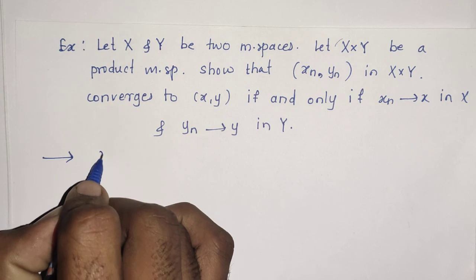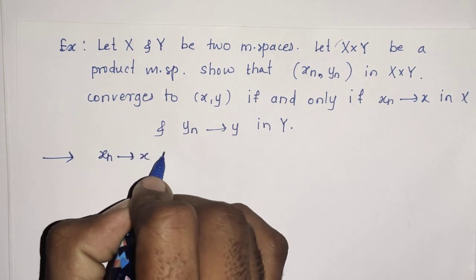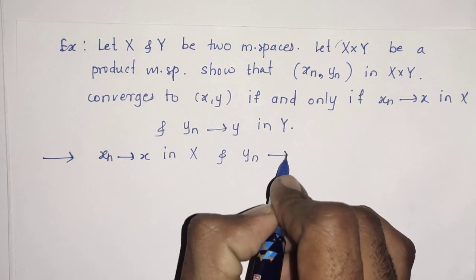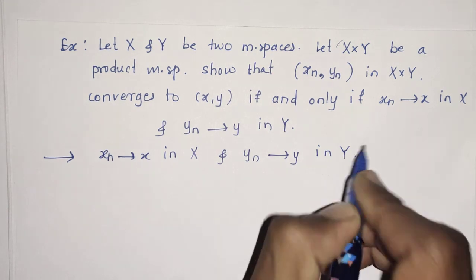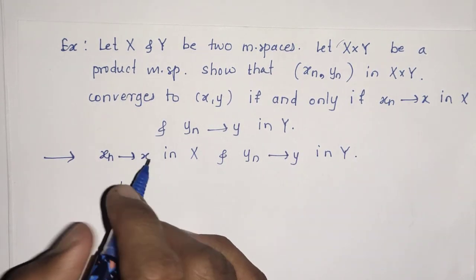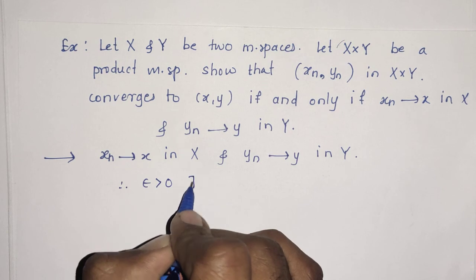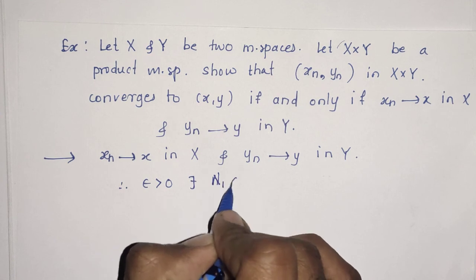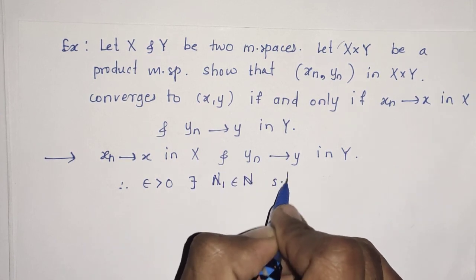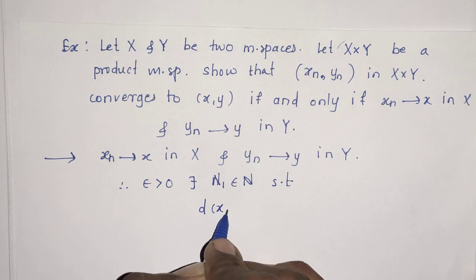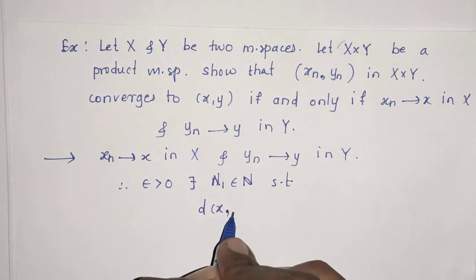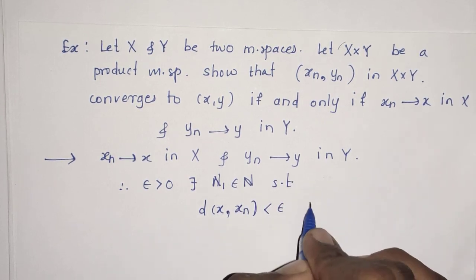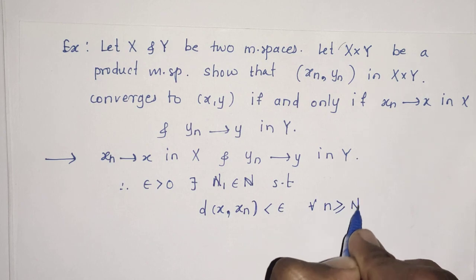Now suppose xn converges to x in X and the sequence yn converges to y in Y. Therefore, by the definition of convergence, for any epsilon positive there exists some N1 belonging to the natural numbers such that the distance between x and xn is less than epsilon for all n greater than or equal to N1.